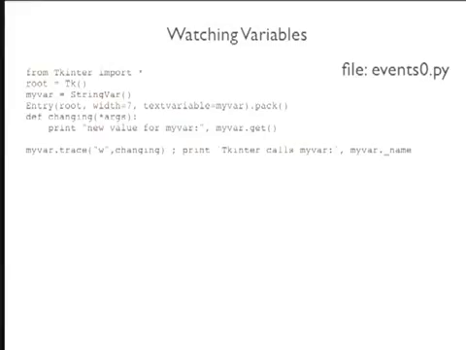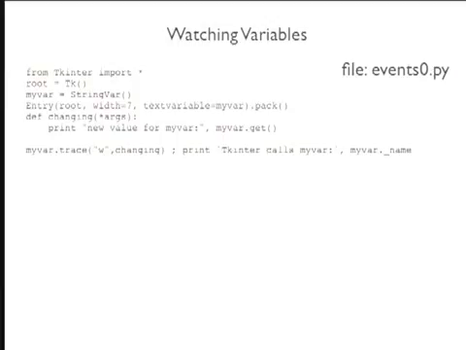The callback function is named changing, and I'm going to set a trace on that variable. When it's written, when it's changed, because somebody's writing to it, I want to issue that callback, and I'm going to print the name of that variable. And inside of the callback function, I'm going to print the value.